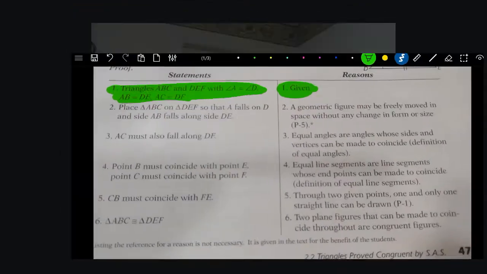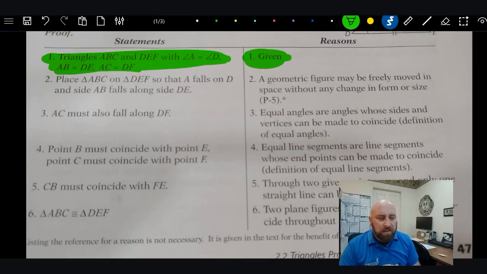Step number 1, 100% of the time, every single time in every single proof. Step 1, write the given. The statement is what they tell you. The reason, given. Mr. Steve, that's so easy. I know. I'm trying to give you free points here. Okay? But every year, students don't take them. They don't listen. And then they don't write it in there. So please, write the given.